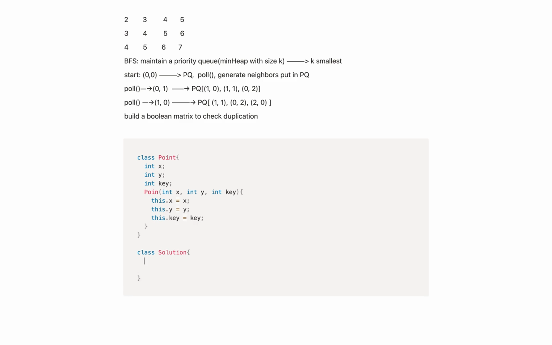Let's build our function signature. Public int kthSmallest. First we do a sanity check.